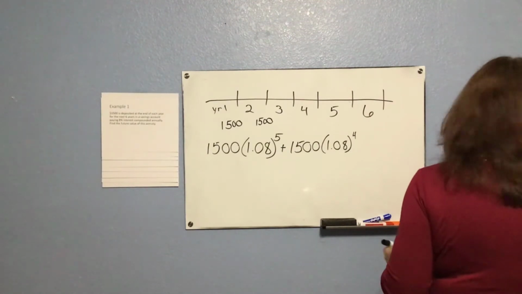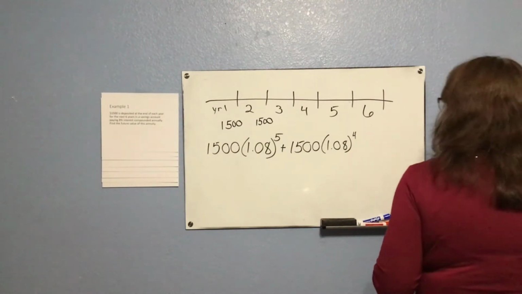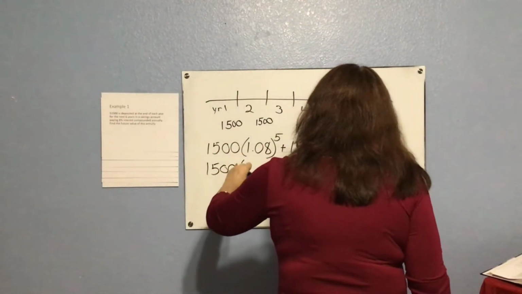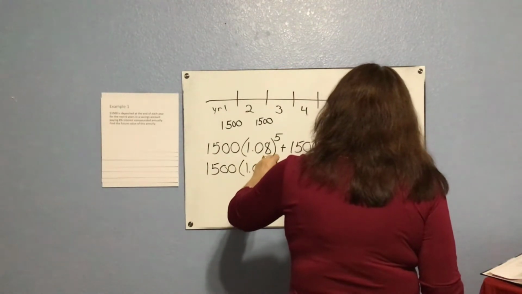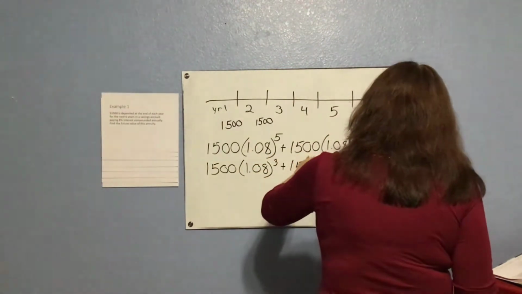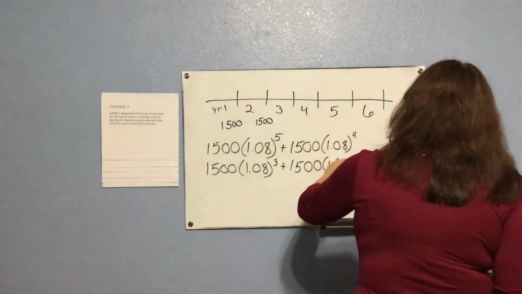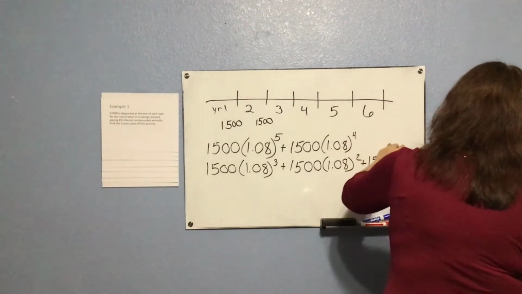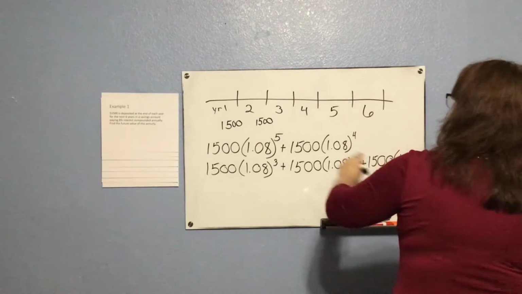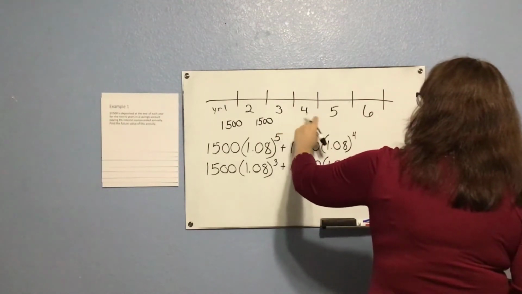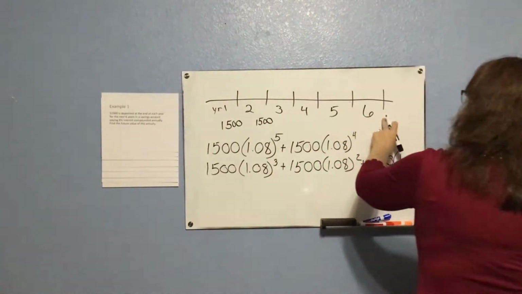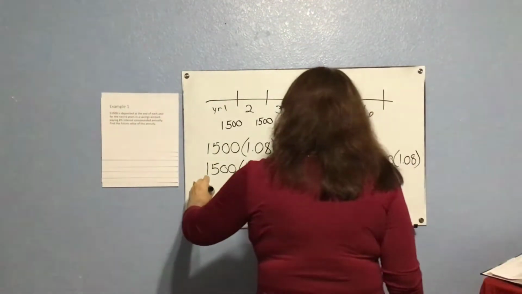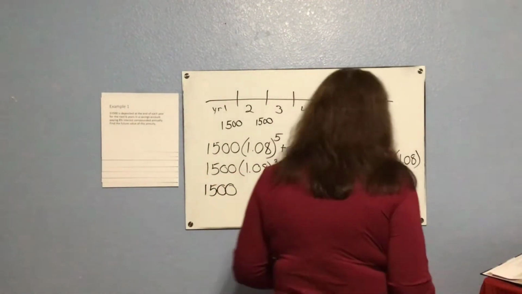Okay, and I could go on and on with that. I'm going to have 1,500 times 1.08 to the 3rd, 1,500 times 1.08 squared, 1,500 times 1.08. That would be our 3rd, 4th, and 5th payments. And then a payment is made at the end of year 6, but it doesn't earn any interest. So we're just going to have a 1,500 at the end.